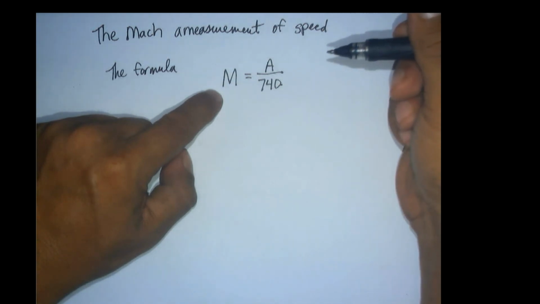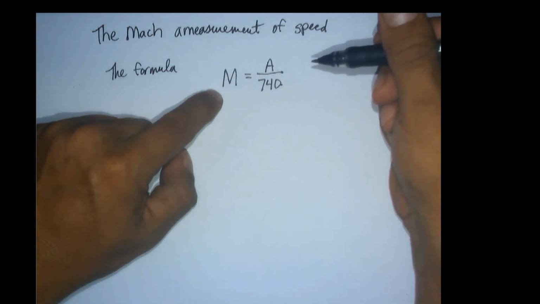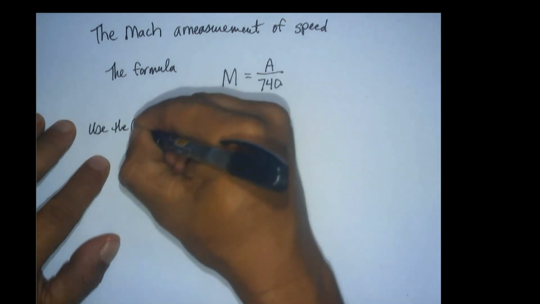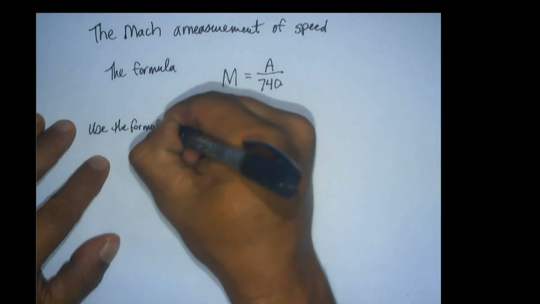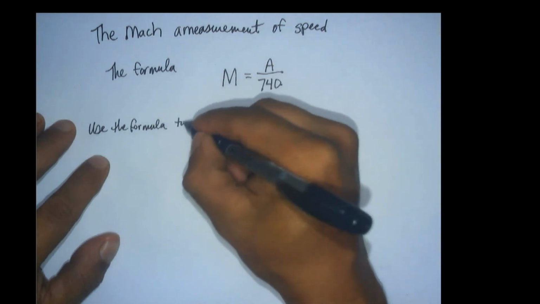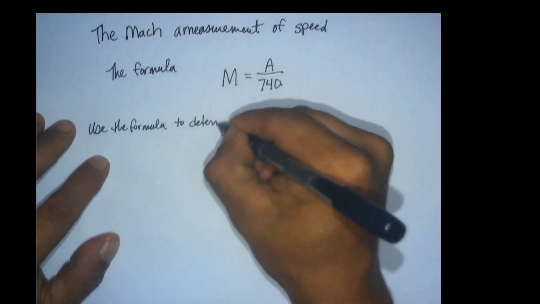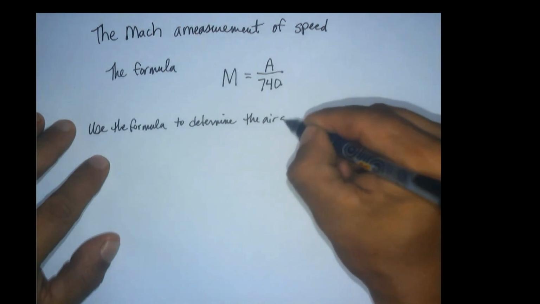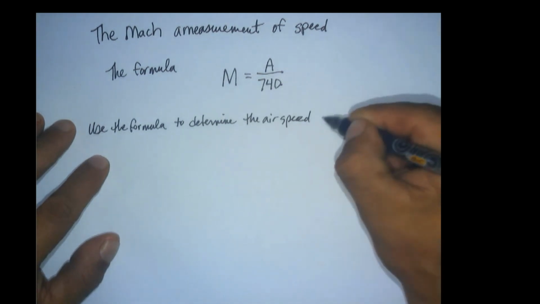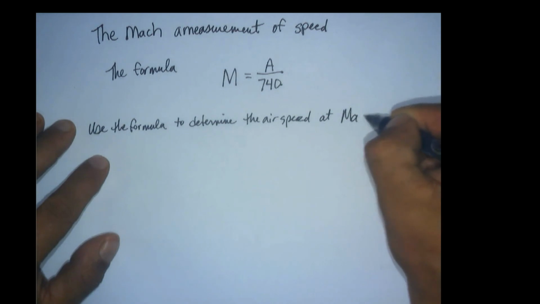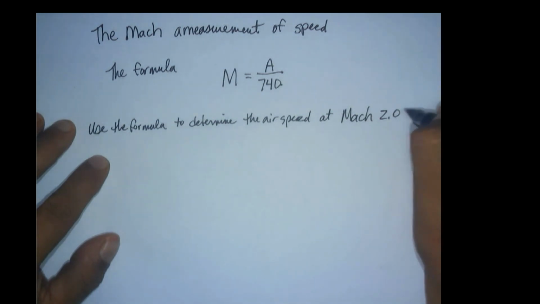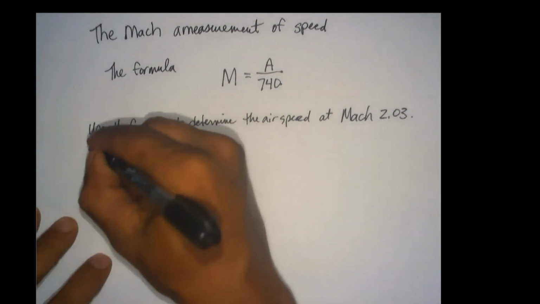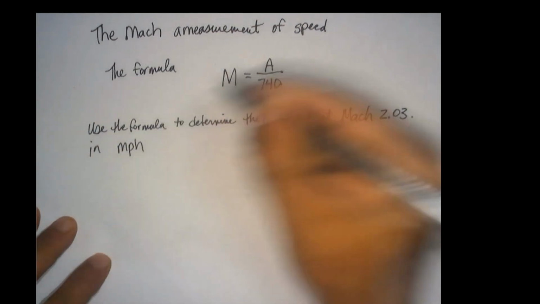Okay. Use the formula to determine the airspeed at Mach 2.03 in miles per hour, which A is given in miles per hour.